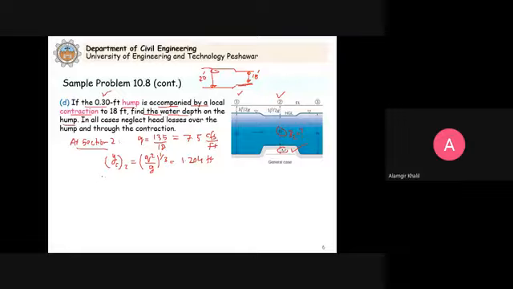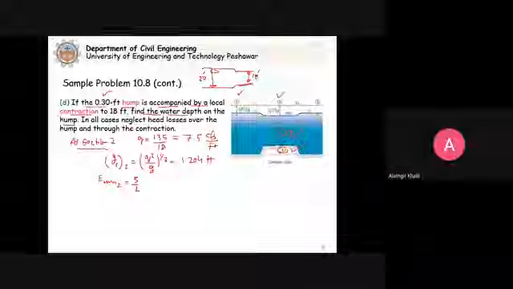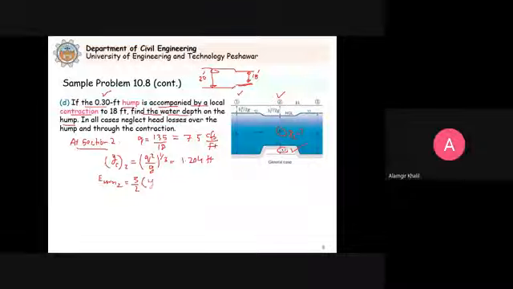Now we calculate the minimum specific energy at section 2. That is equal to 3 by 2 times YC, as we already proved for a rectangular channel. This is a rectangular channel. 3 by 2 YC, YC is 1.204. So this comes out to be 1.807 feet.